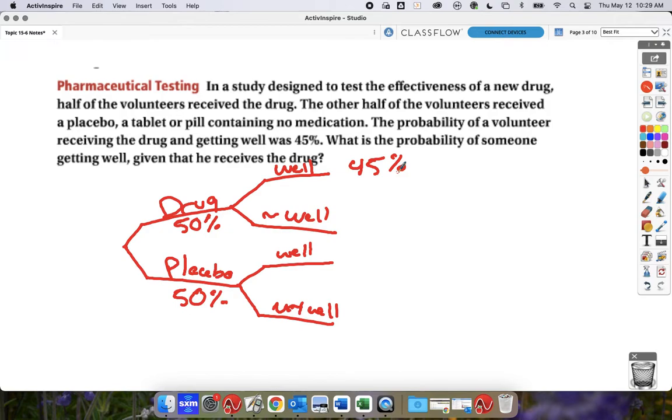Well, it's 50 times something equals 45. Does that make sense? Well, if 45% of the people got well, how many people didn't get well? 5%. Does that make sense that this adds up to a total of 50% of our people? True or false? Does that make sense? Maybe? Let me double check so I don't screw it up. Yes.